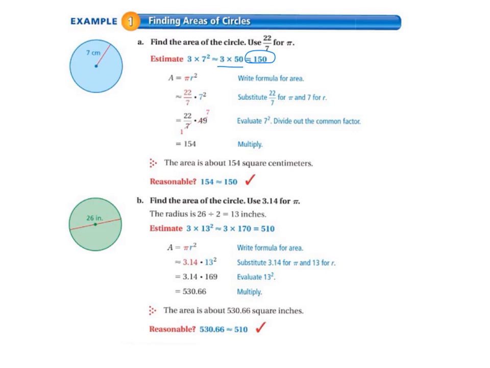So we write the formula for area. Area equals pi r squared. And we're going to substitute 22/7 in for pi and 7 for the radius.